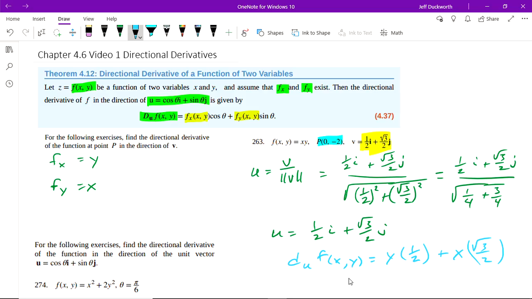So if we evaluate at (0, -2), the y would be -2, so we have -2 times 1/2, and then we have 0 times root 3 over 2, and that just gives us -1.